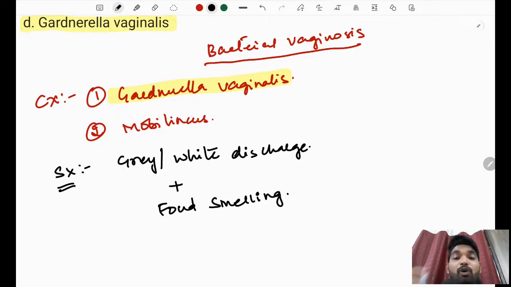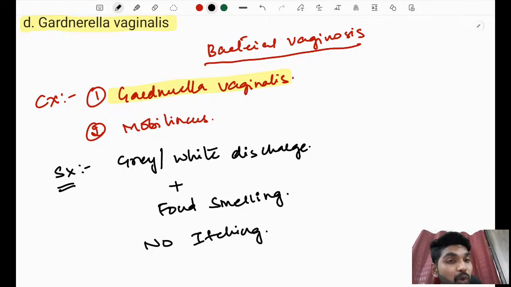Foul smelling grey white discharge. And in bacterial vaginosis, there will be no itching. Yes Arusha, you are right, there will be no itching. No, Pavan, there is no itching here in case of bacterial vaginosis. No itching. This is how the woman comes to you, saying there is discharge which is foul smelling, no itching.